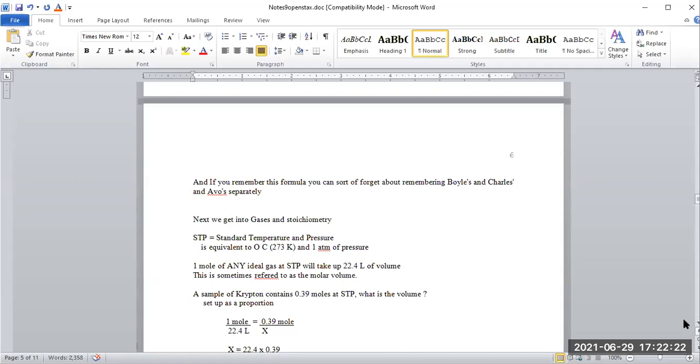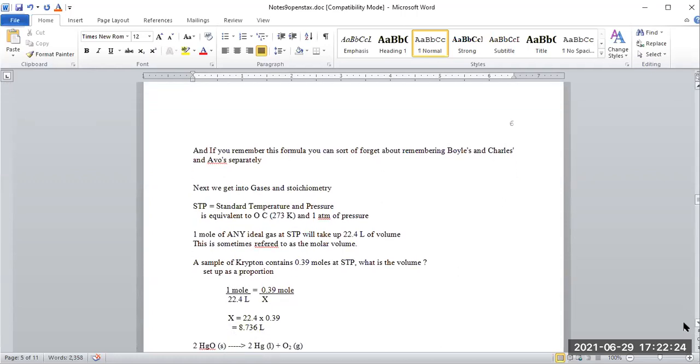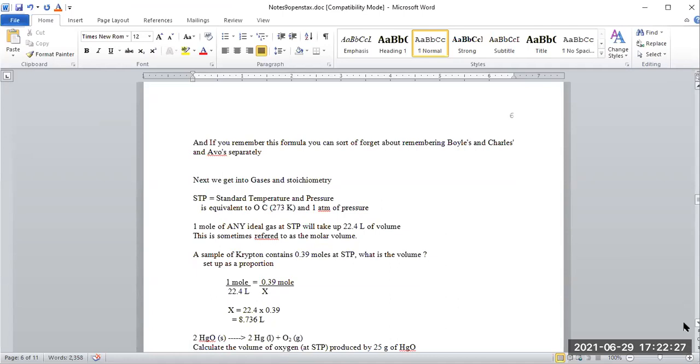So STP is standard temperature and pressure, which doesn't quite exactly make as much sense as you think it should because, okay, the pressure looks pretty normal. We're at 1 atmosphere. We live at 1 atmosphere because we're in Tidewater. But instead of being at kind of an average room temperature, it's actually at 0 Celsius.